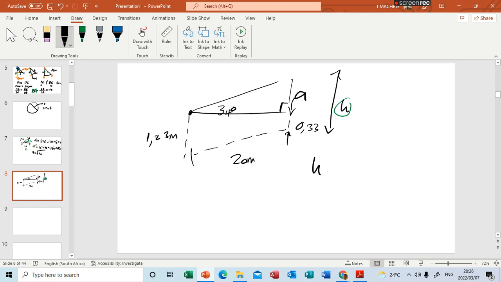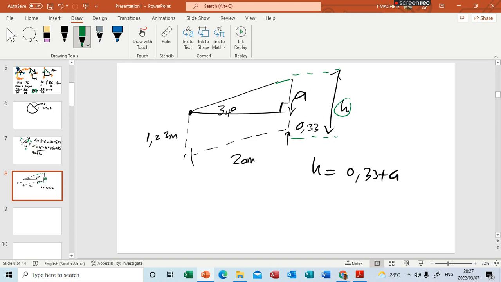H is equal to the sum of the two. So it's gonna be your 0.33 plus A. You see that the total is the sum of A and this 0.33. That's your H. Do you understand that part? That's your total height.